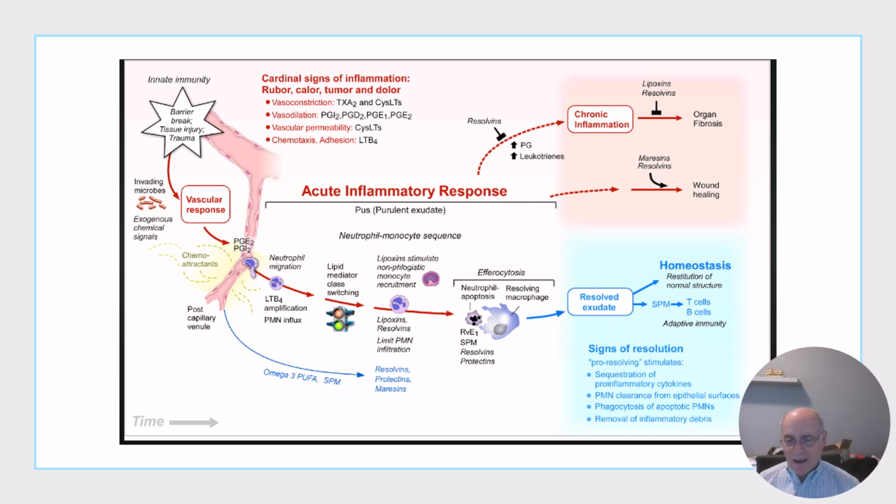You want to clean that out, because if you don't get to that level of resolution of inflammation where you have a normal T cell and B cell response, you go to the top of the chart and you start to have more chronic inflammation, and the chronic inflammation leads to fibrosis in tissue, and with enough fibrosis in tissue, then you have organ damage.